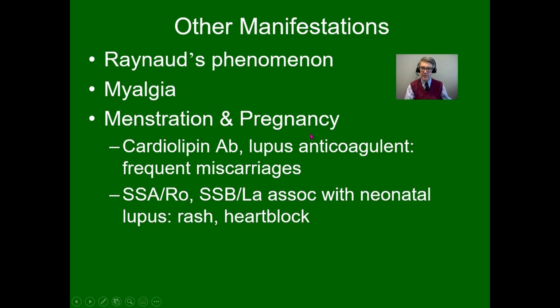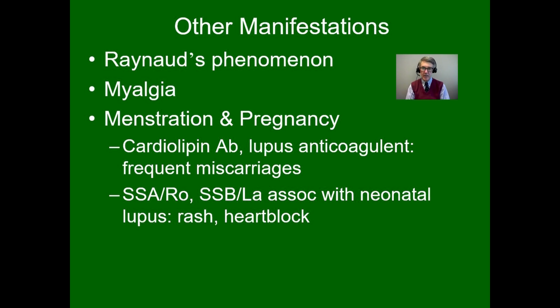Lupus in pregnancy is a real challenge. Typically, with respect to our patients with lupus, we like to have the patients under good control of the disease if they want to get pregnant. One of the big problems with pregnancy is that many of our medicines are teratogenic. In other words, they can cause birth defects, so we want to have them under good control under few medicines during pregnancy.